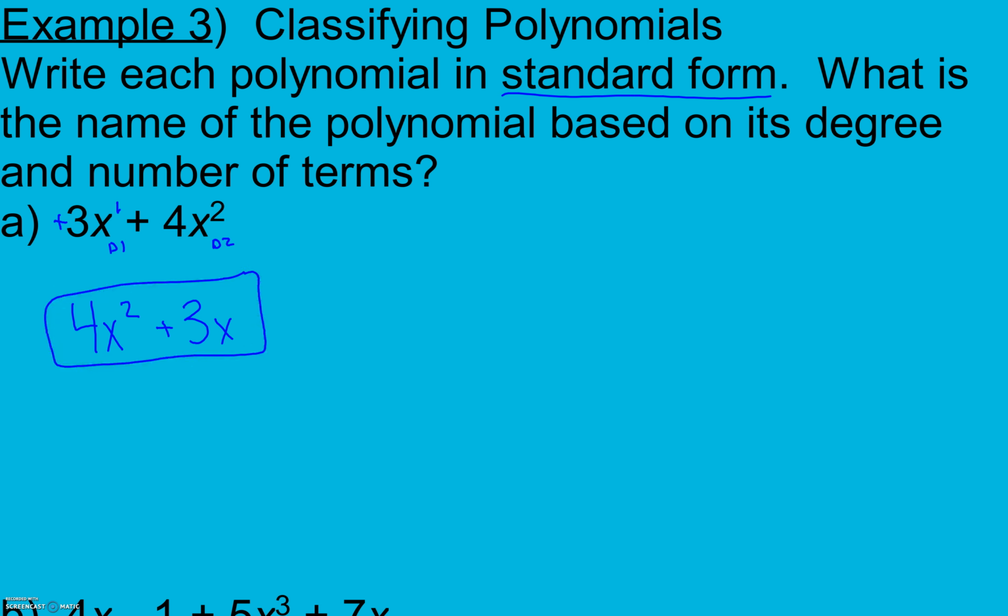From there, we're going to name it based off its degree. Here, the degree of our first term, we said, was 2. Second degree, we call quadratic. In our number of terms, I have 1, 2. Binomial.